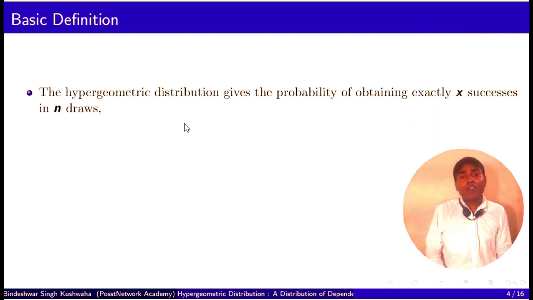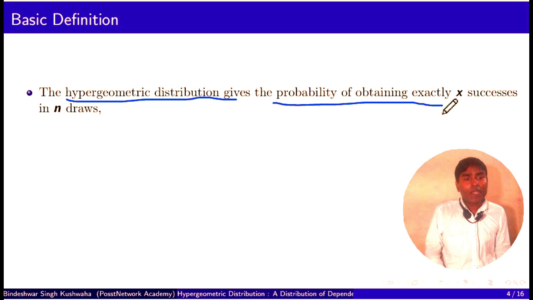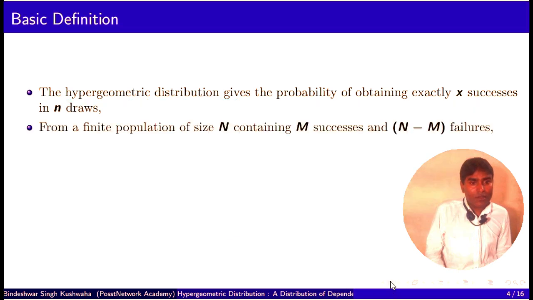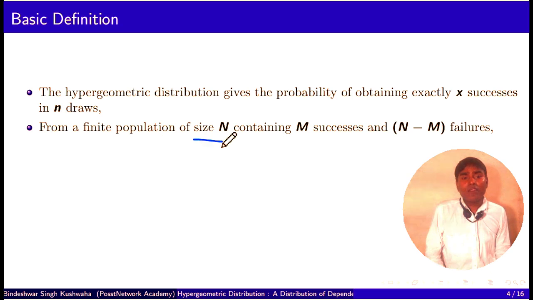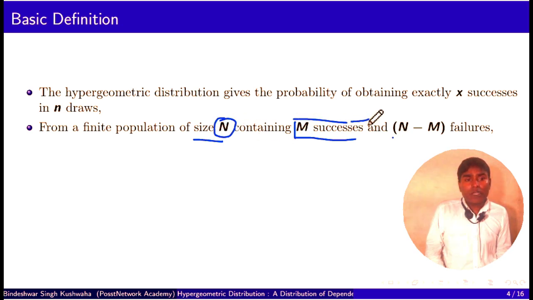The hypergeometric distribution gives the probability of obtaining exactly x successes in n draws from a finite population of size N containing M successes. So the total population is N and there are M successes, which means there are N minus M failures.